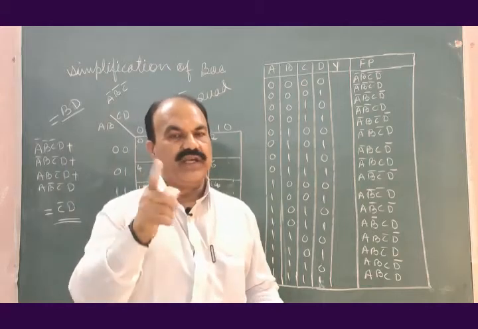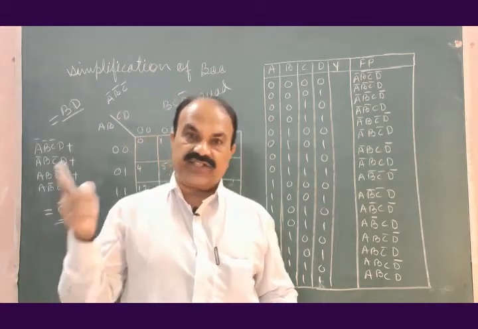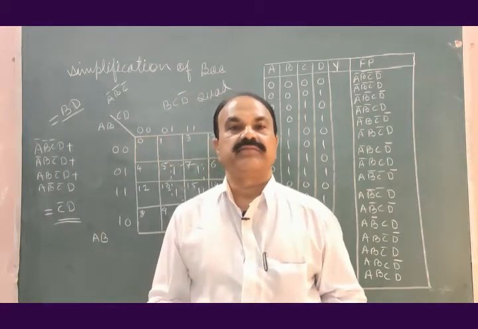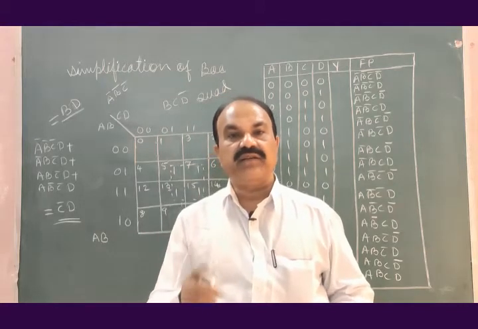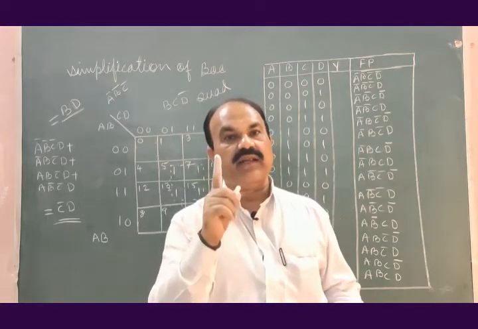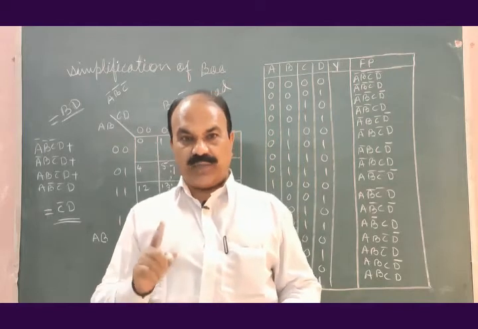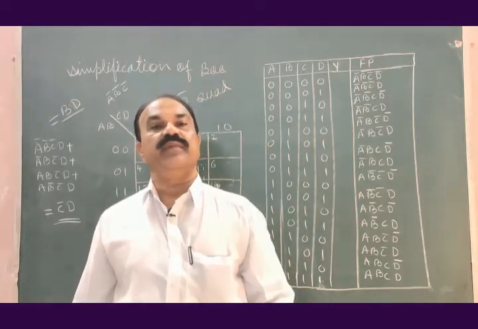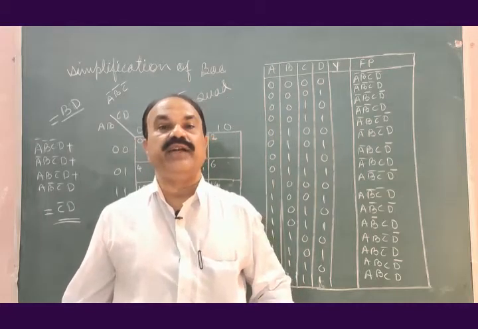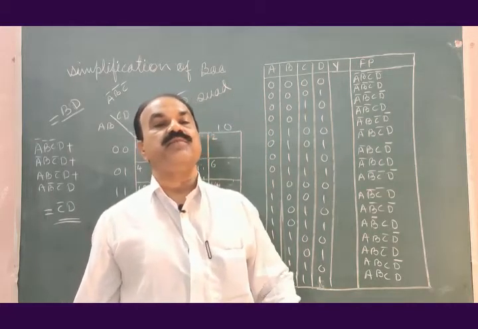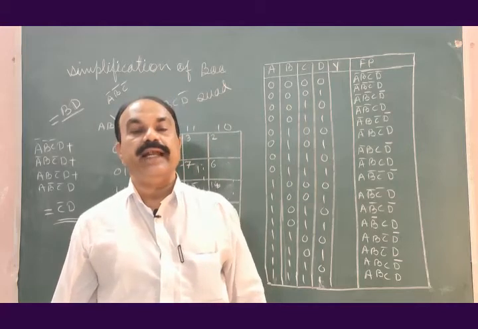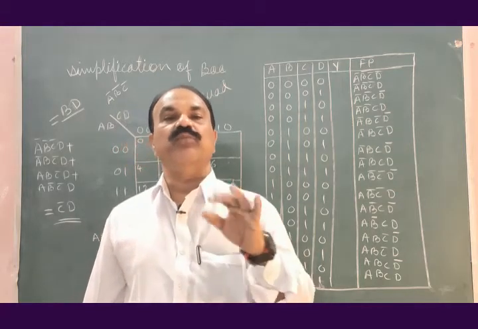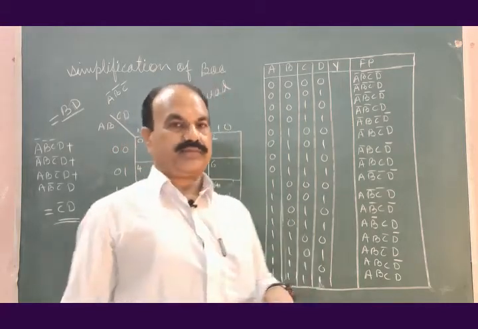First form the quad. After that, search for pairs. Formation of a pair will delete one variable and its complement. Formation of a quad will delete 2 variables and their complements, and the equation is simplified to the simplest possible form, and therefore it is necessary to form a quad and a pair.